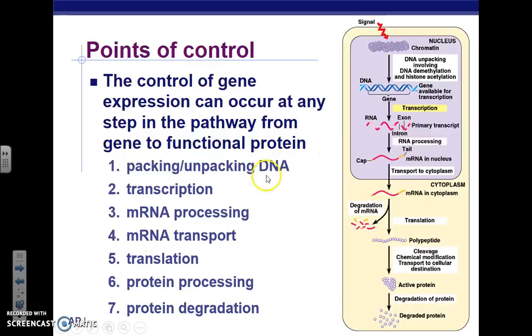In this video, we're going to look at 1 and 2, and then you'll get a second video that looks at the other 3, 4, 5, 6, and 7. But right now, we're going to be looking at how packing and unpacking of DNA controls transcription, and how we can either stop or start transcription in the first place.